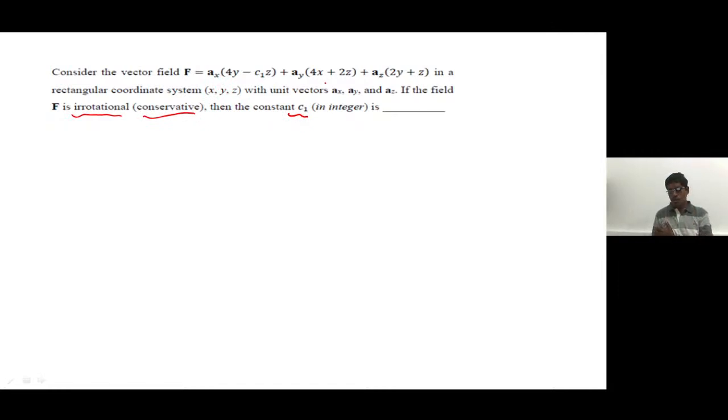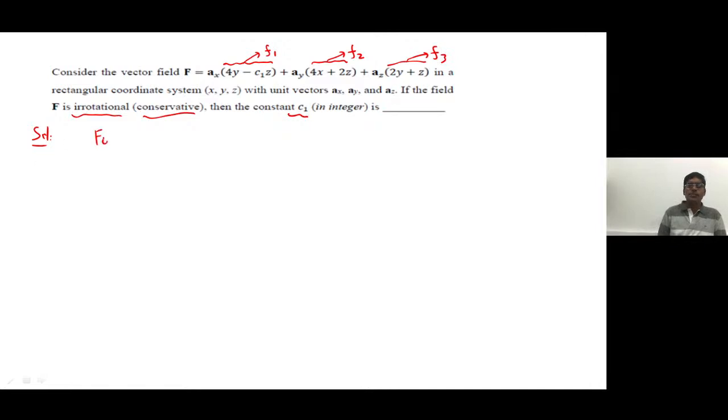Ax, ay, az, electromagnetic field theory notation you can also apply. Usually these components are denoted: 4y minus c1z is f1, 4x plus 2z is f2, and 2y plus z is f3. It looks like f1 i cap plus f2 j cap plus f3 k cap, a three-dimensional vector.